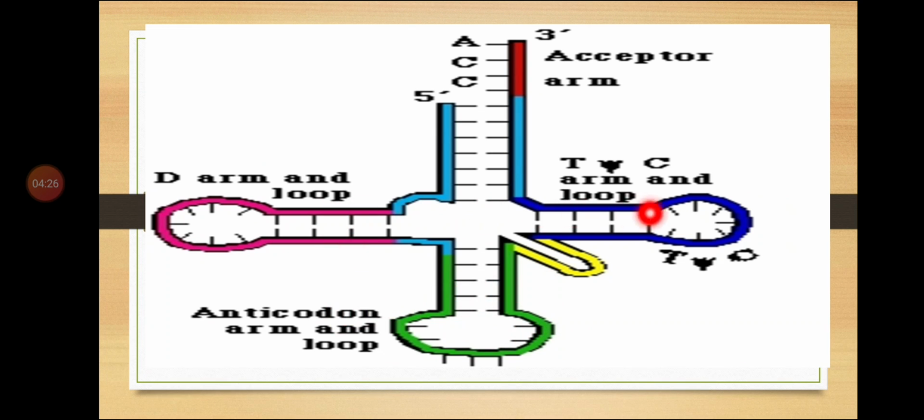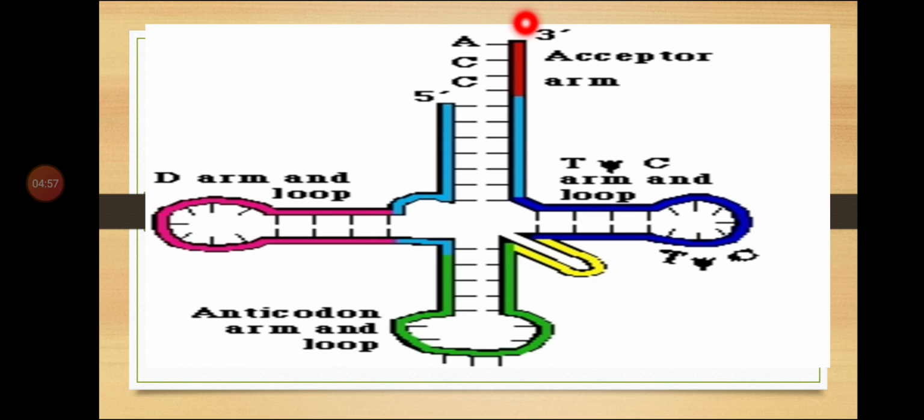In addition to these 3 arms, it has one more small arm, known as the variable arm, on one side. Now, tRNA possesses an anticodon loop that has bases complementary to the codons, and these are called anticodons. The 3 nitrogen bases you can see here are called anticodons.